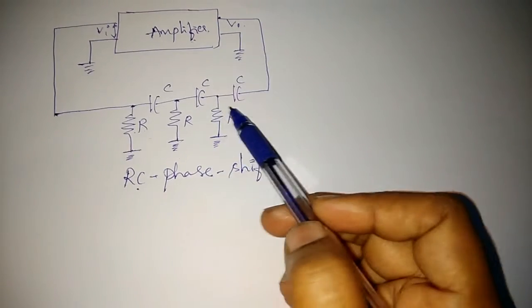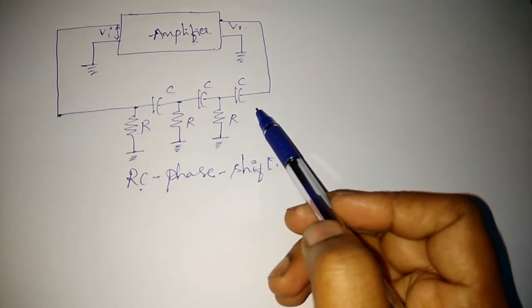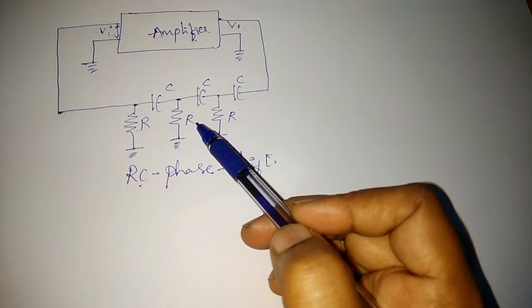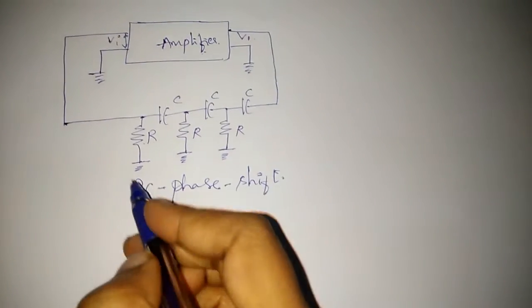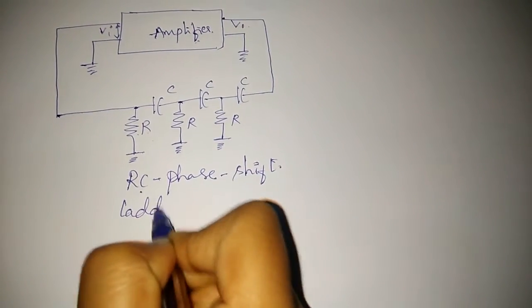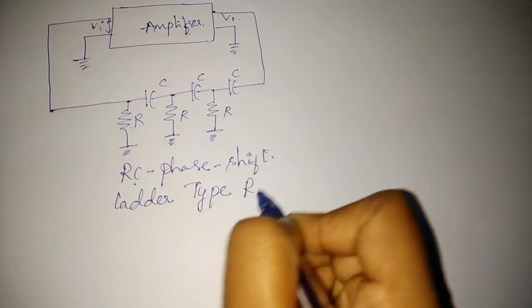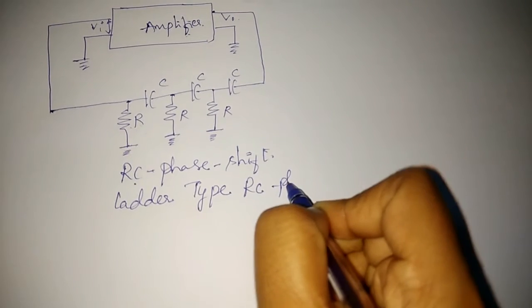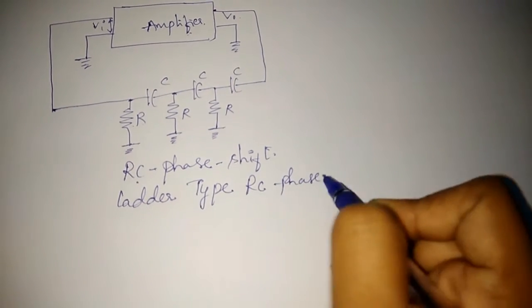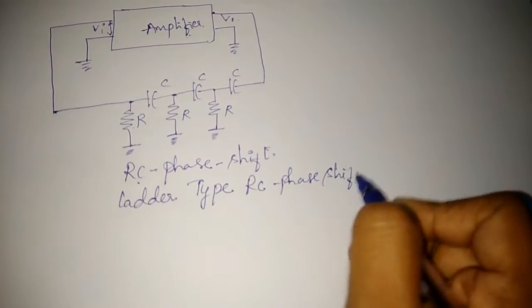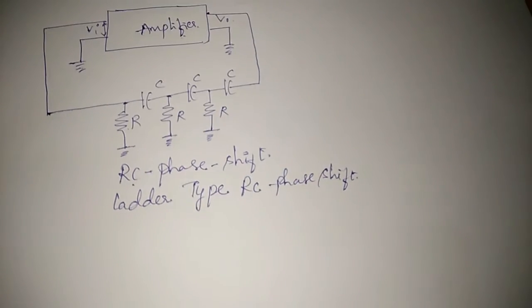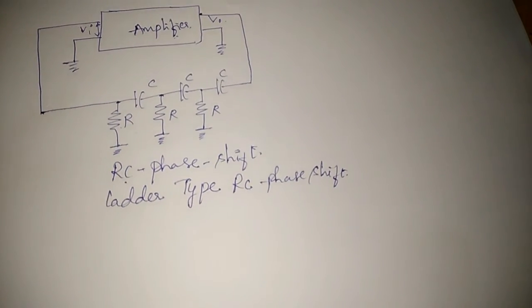Can you observe? It is arranged in ladder fashion. Hence, such an oscillator is also called a ladder type RC oscillator. This is the other name for a phase shift oscillator.